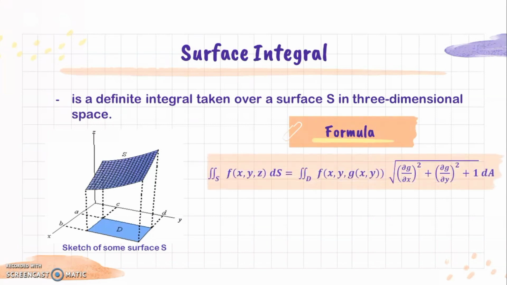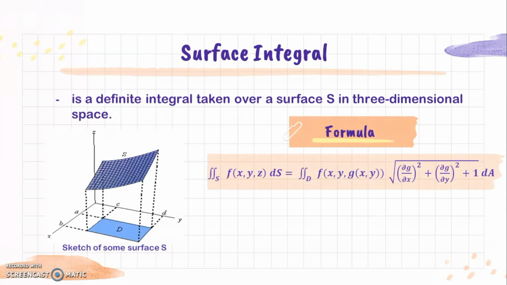We have the double integral of f of x, y, z, dS over the region S is equal to the double integral of f of x, y, g of x, y times the square root of the partial derivative of g with respect to x squared plus the partial derivative of g with respect to y squared plus 1 dA over the region D. Take note that this formula can be modified depending on the given D region.